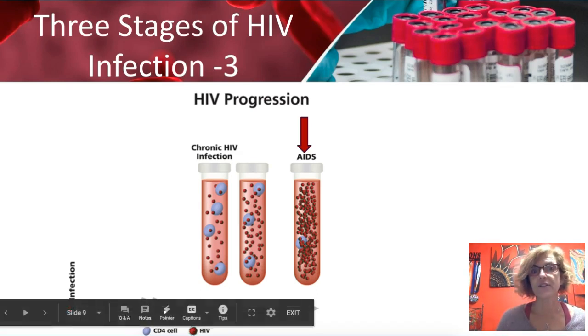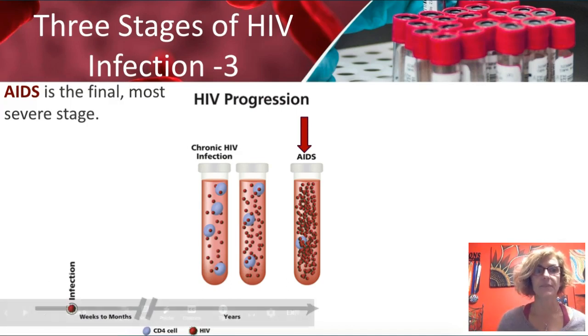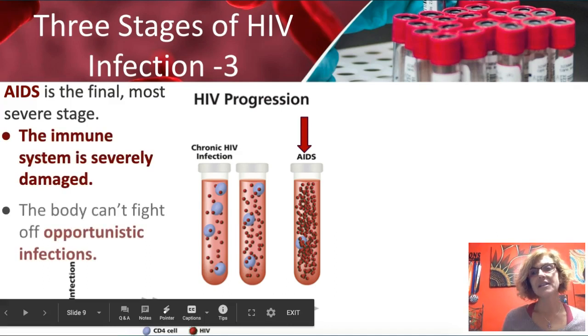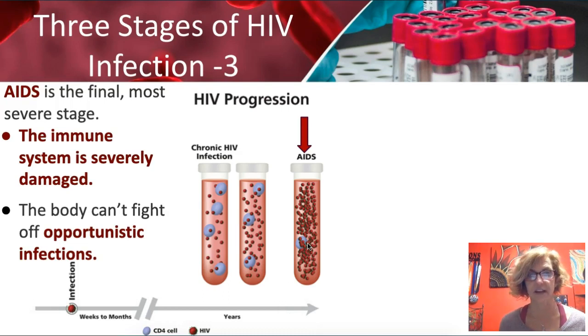So finally, we reach the third stage, which is AIDS, acquired immune deficiency syndrome. At this point, the immune system is severely damaged. Notice I have just a couple T cells left, and the T cells are needed to alert the body that there is an infection.